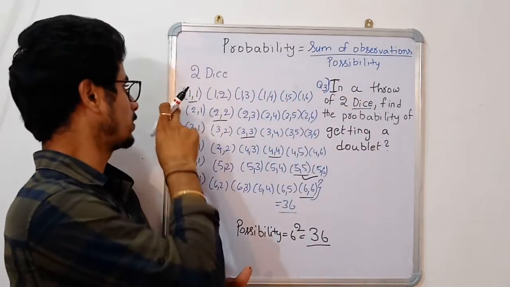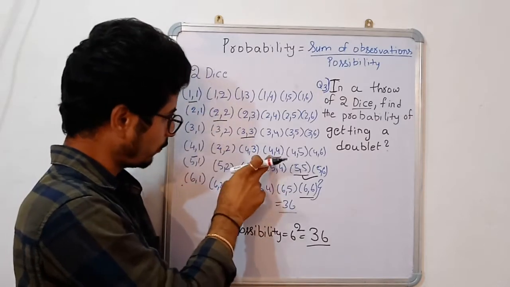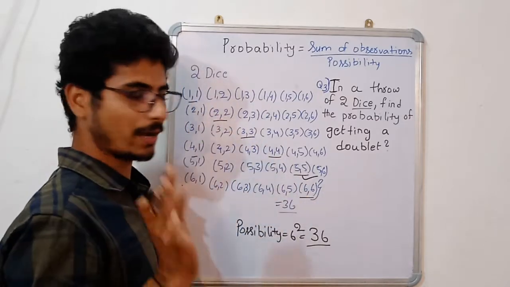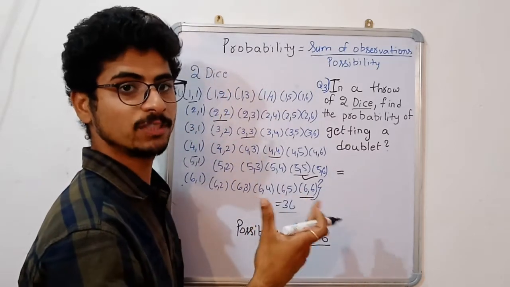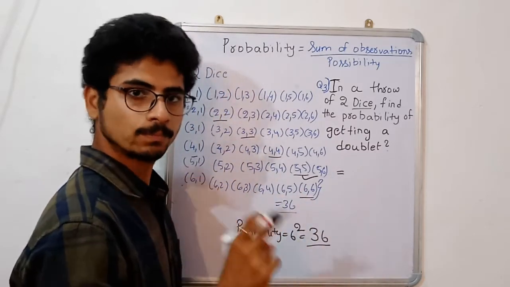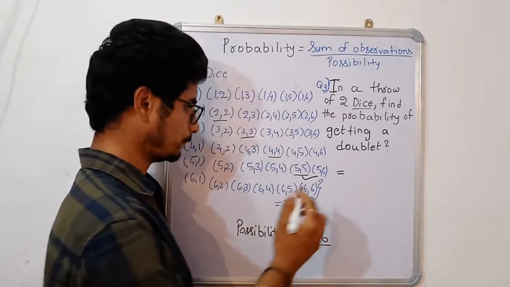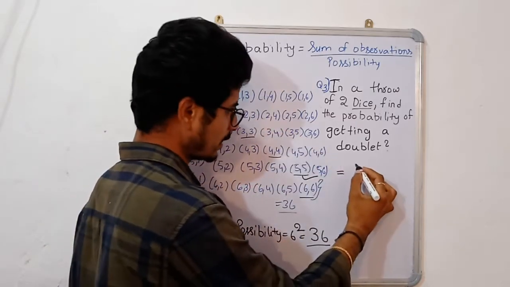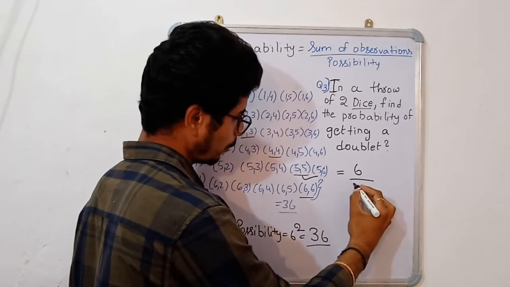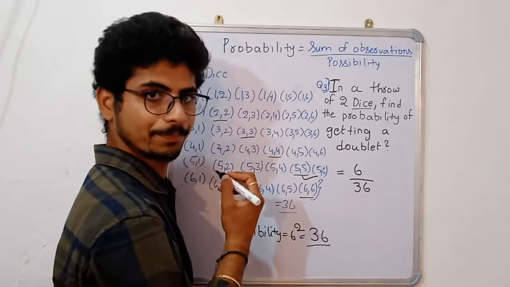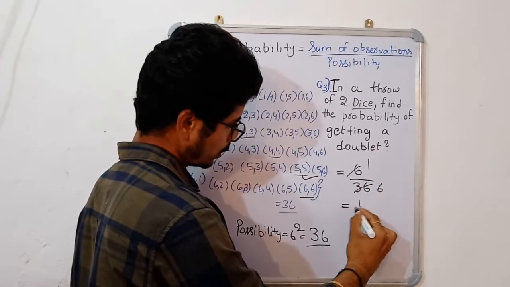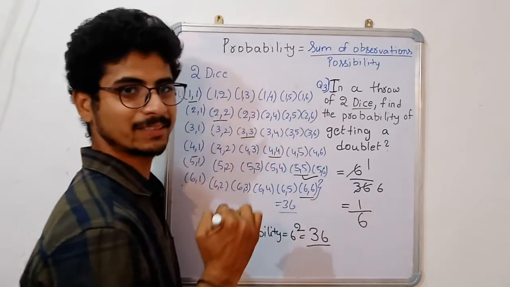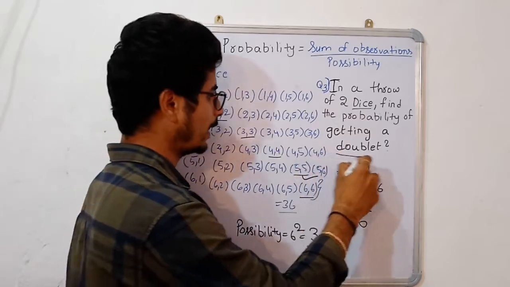Okay, see, we have 1, 2, 3, 4, 5, 6, right? So as we know, the probability equals the number of observations by the total possibilities. The number of observations is 6 and the possibilities are 36, right? So 6 ones are 6, 6 sixes are 36. So the probability is 1 by 6 of getting a doublet.